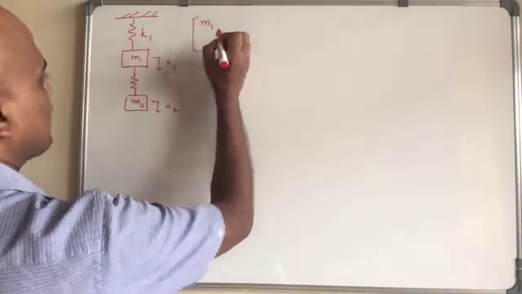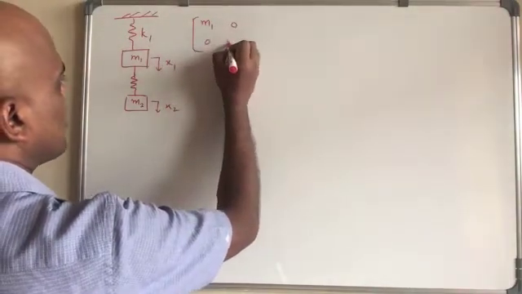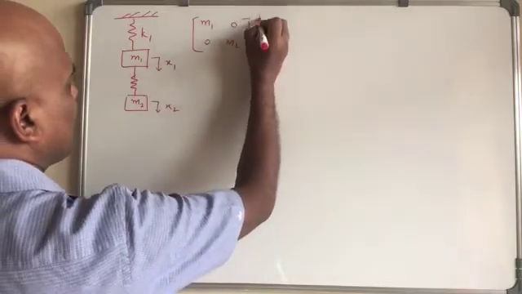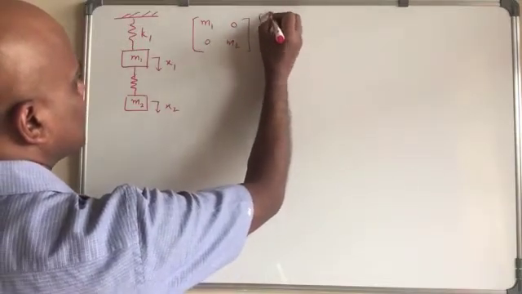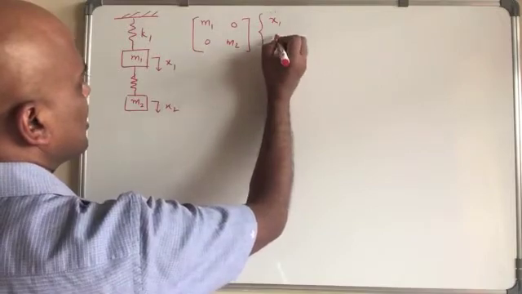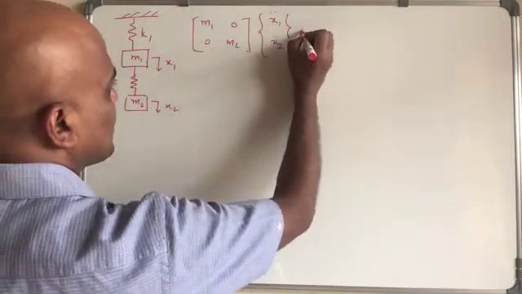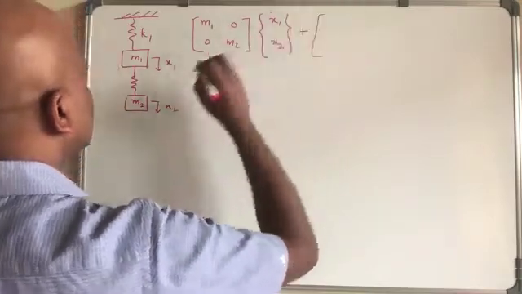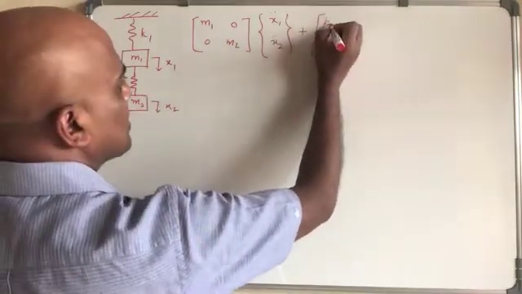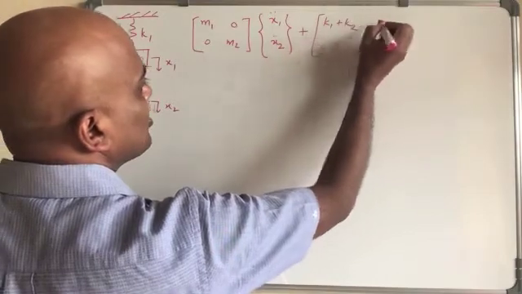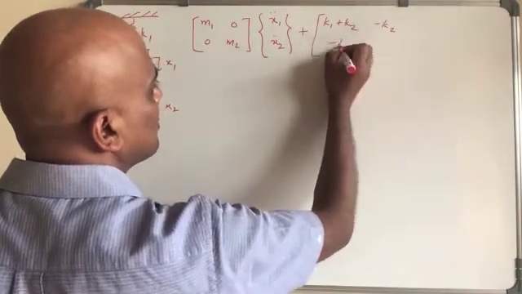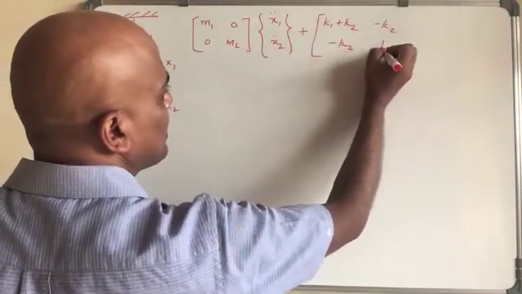It looks like this one: [M1 0; 0 M2], then [x1 double dot; x2 double dot], then plus [k1 plus k2, minus k2; minus k2, k2].